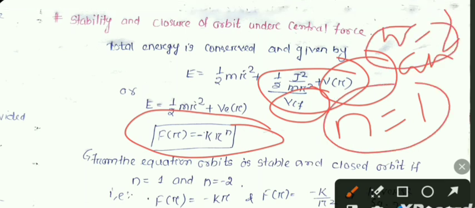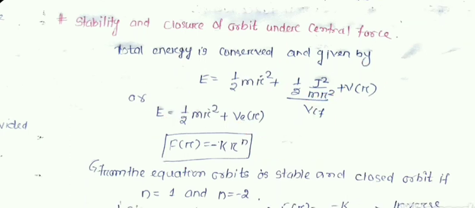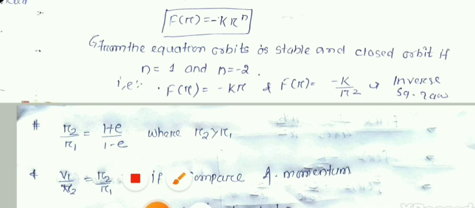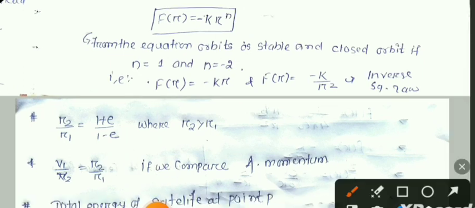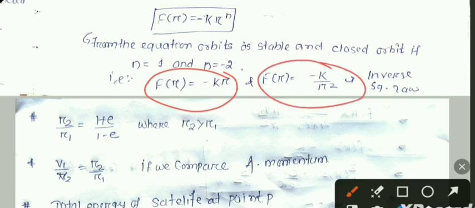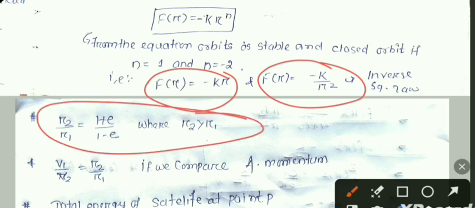If we put these two values, then the orbits are stable and closed. After putting n is equal to 1, we got f is equal to minus kr, that is Hooke's law, and f is equal to minus k by r square, this is the inverse square law.